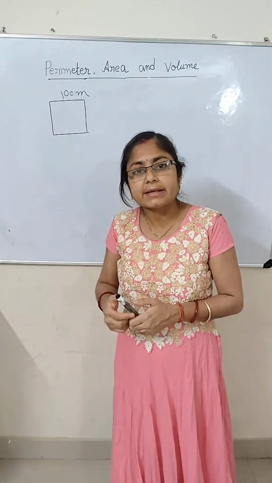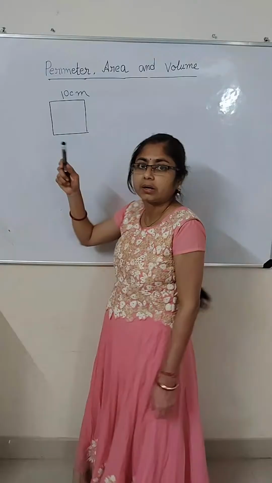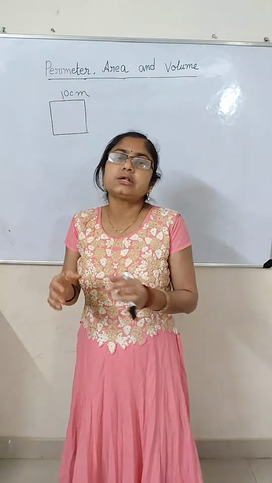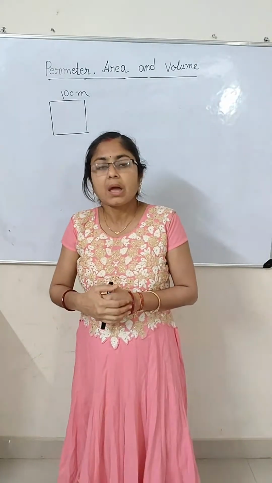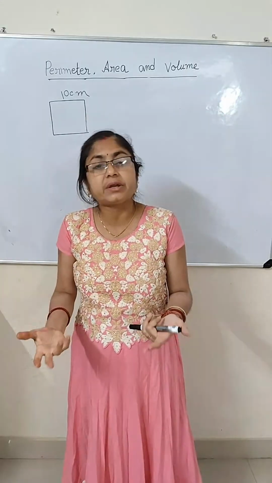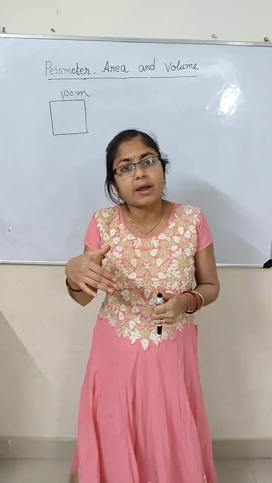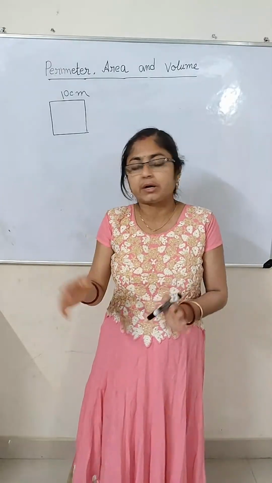So in that case, perimeter means you start from here, go down and this one. Why do I show this? Because students learn only the perimeter formula and only the area formula, but they do not know what perimeter is and what area is, what is the difference. Because you joined my class, it's my duty to teach you the difference between perimeter and area.